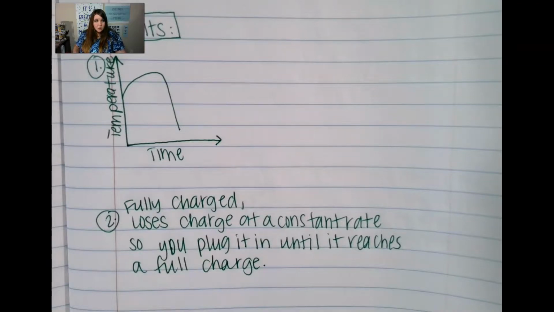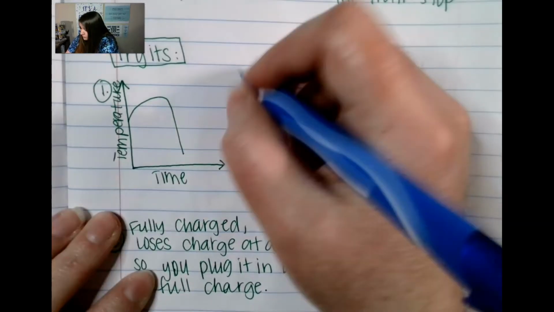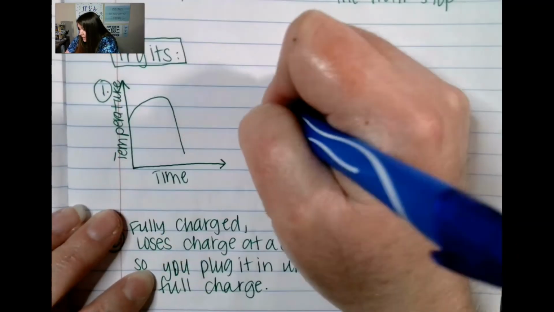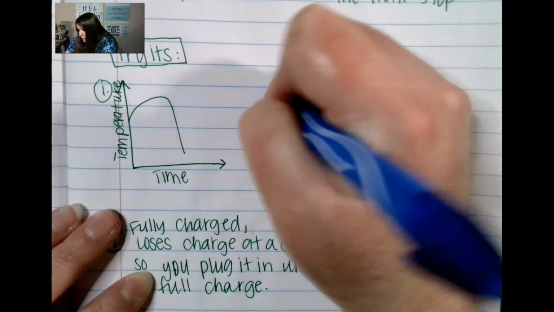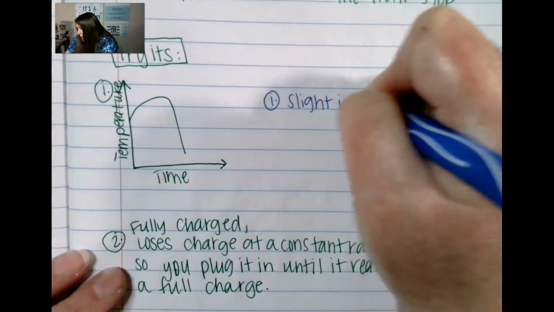All right, go ahead and hit pause so you don't hear me speaking, and then hit play when you're ready to check your work. Okay, so the temperature here, it looks like it's slightly increasing. So 1, we have a slight increase in temp.